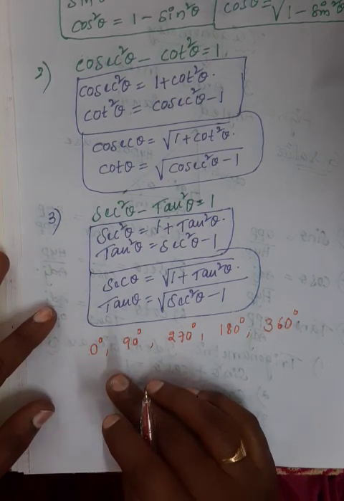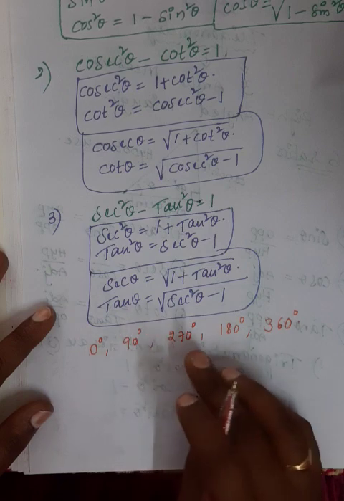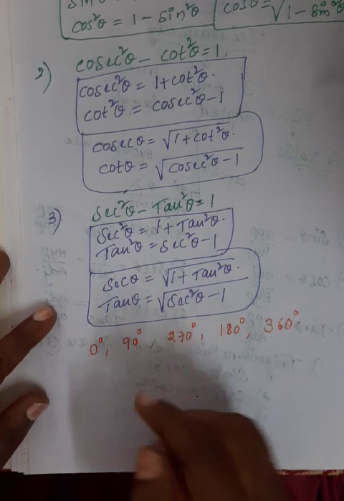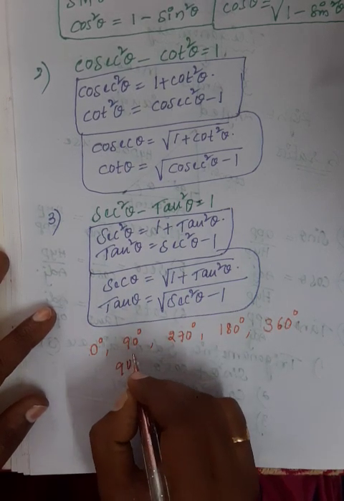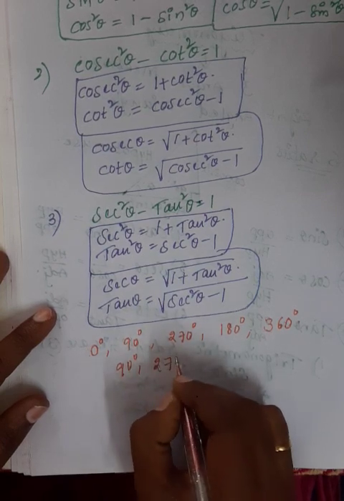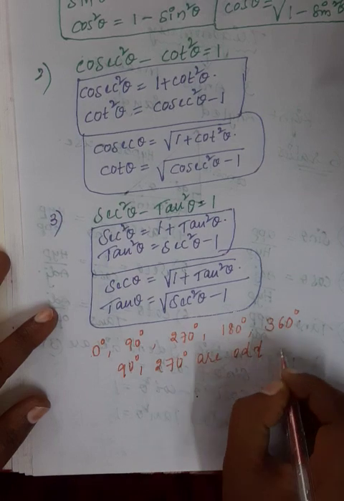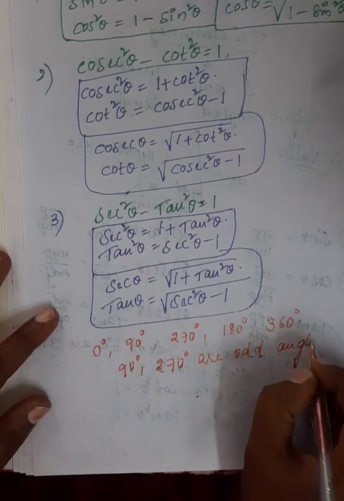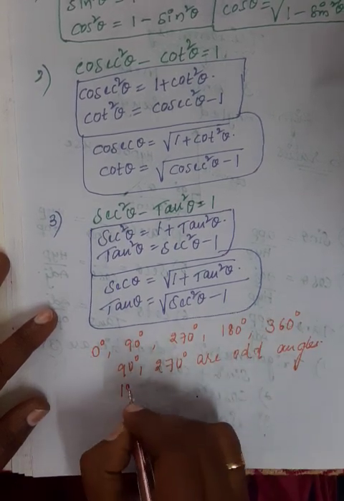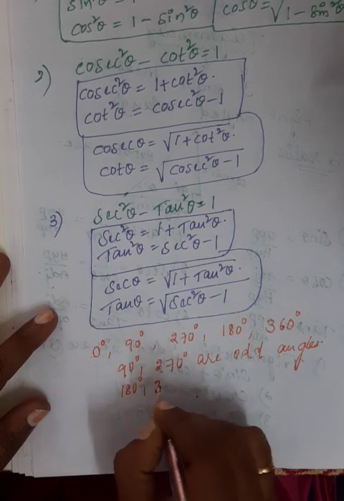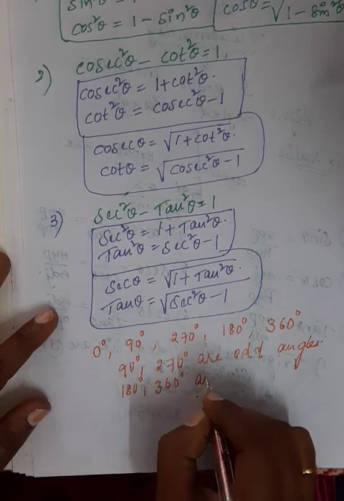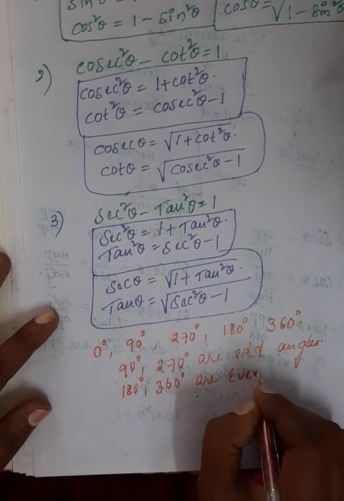So in these, 90 and 270 are known as odd angles. 90 degrees, 270 degrees are odd angles. Next, 180 degrees and 360 degrees are even angles.